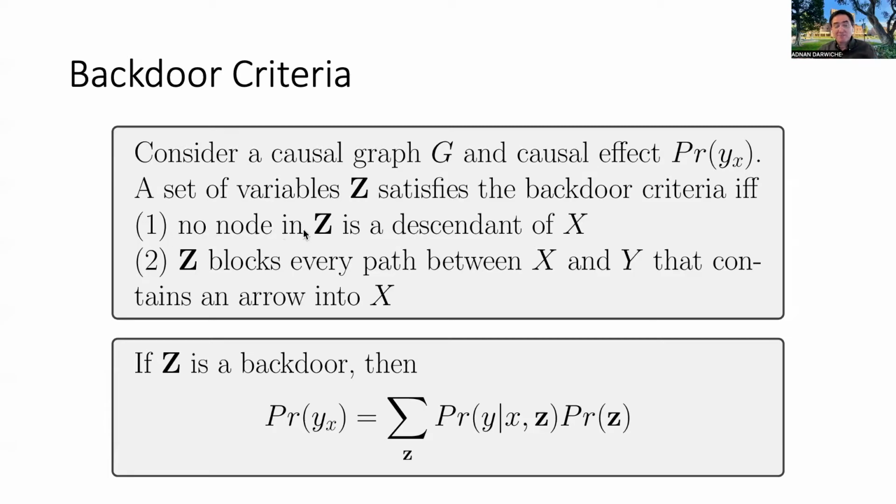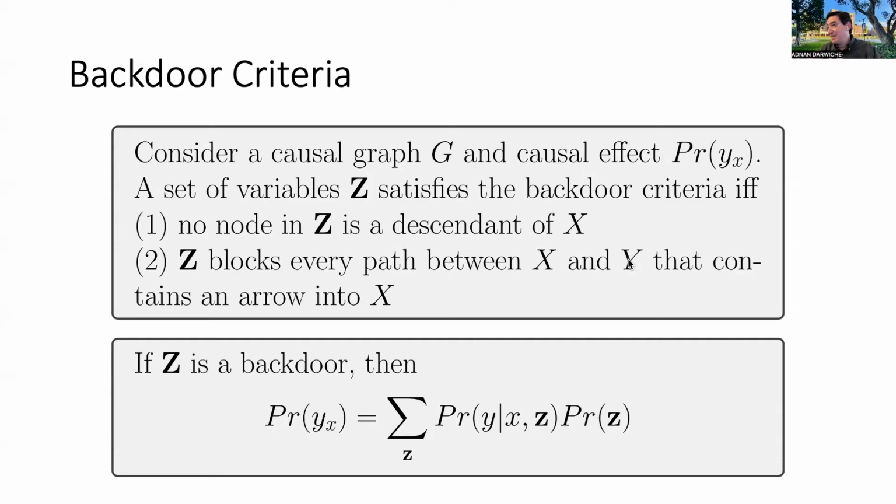Let's look at the two conditions that allow something to be a backdoor. The first condition is simple. It says no node in Z can be a descendant of X. X is the variable we're intervening on. You cannot include descendants of X in Z. The second is that Z must block every path between X and Y. But there is a qualifier.